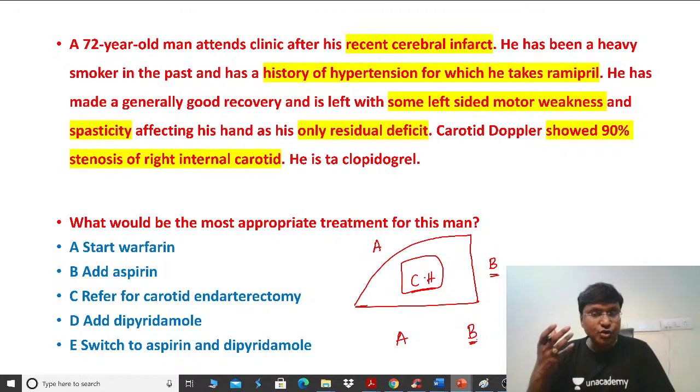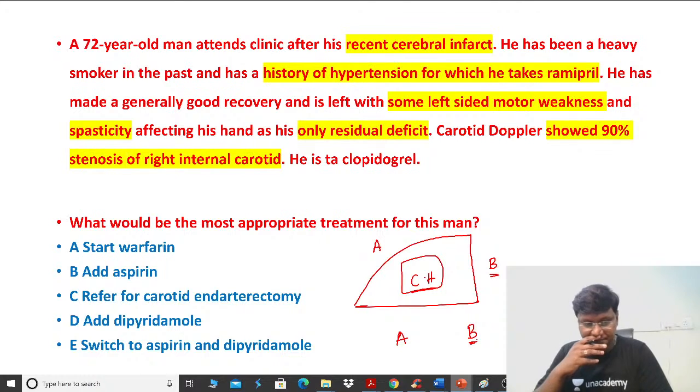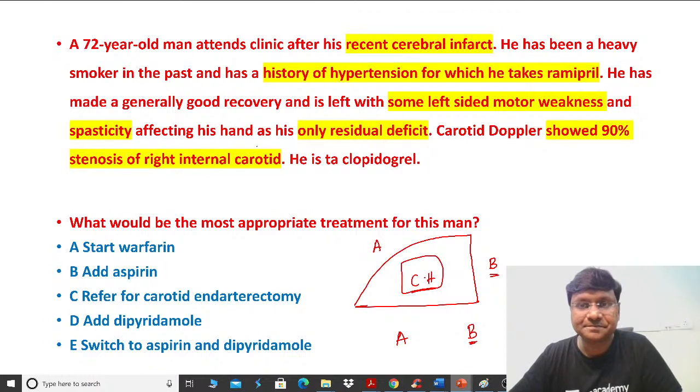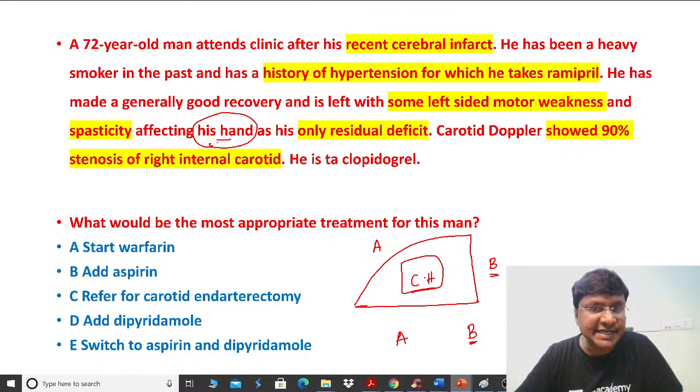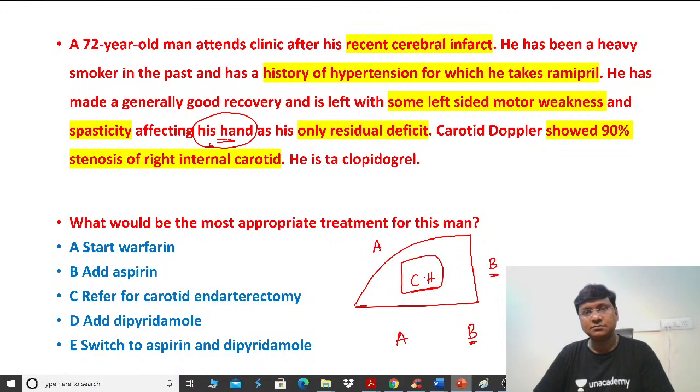See, if you take the topographic presentation of the, where is your weakness, motor weakness and spasticity affecting the hand, right?